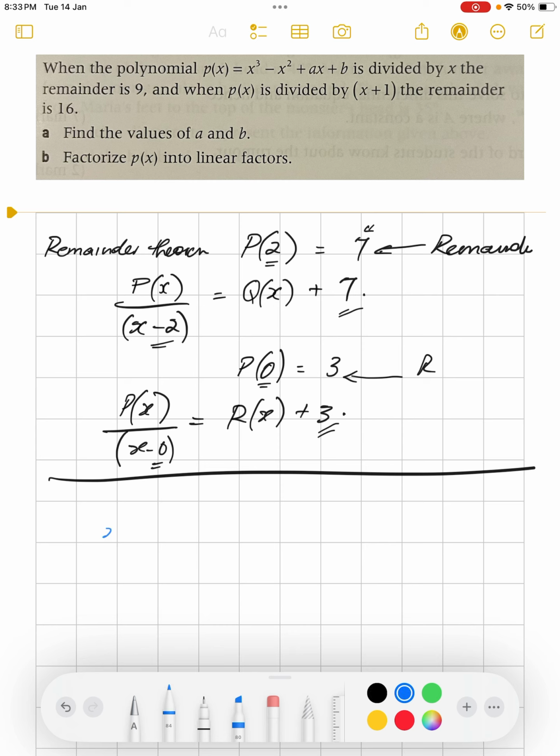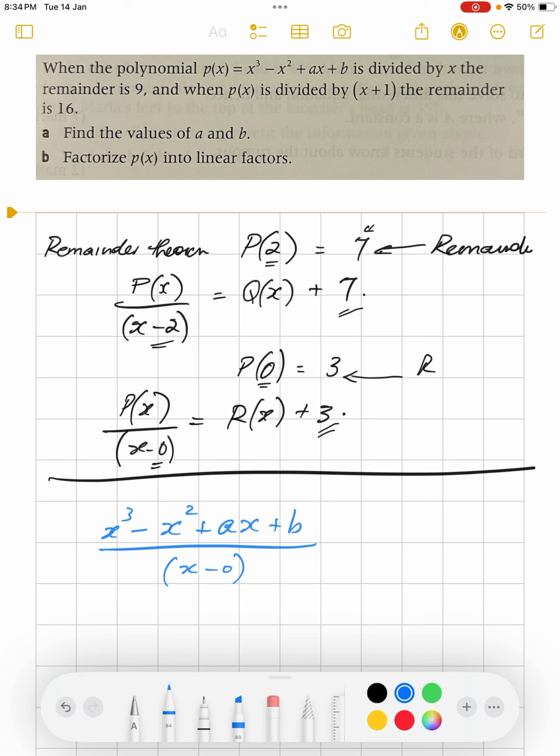We've got x cubed minus x squared plus ax plus b, and that is divided by x, which means x minus 0.